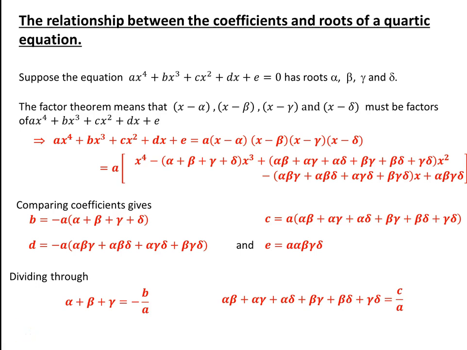If I divide the third of these results by minus a, then I obtain minus d upon a equals alpha beta gamma plus alpha beta delta plus alpha gamma delta plus beta gamma delta. And finally, if I divide the final result by a, then I'm going to obtain e upon a equals alpha beta gamma delta.